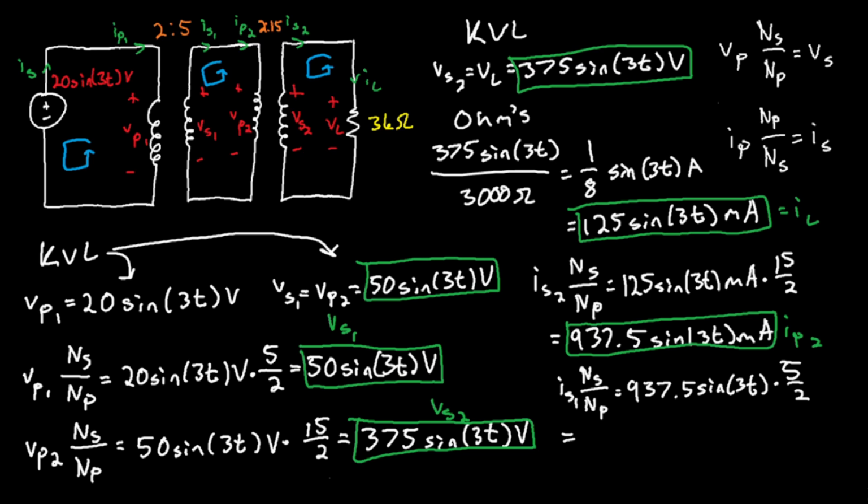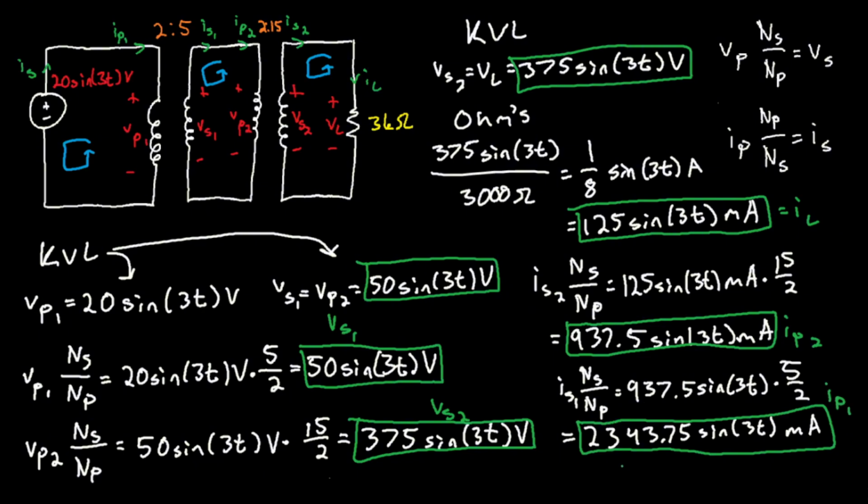If you do this, you should get 2,343.75 sine 3t milliamps for IP of 1. And IP of 1 is just equal to I of S, the current at the voltage source.